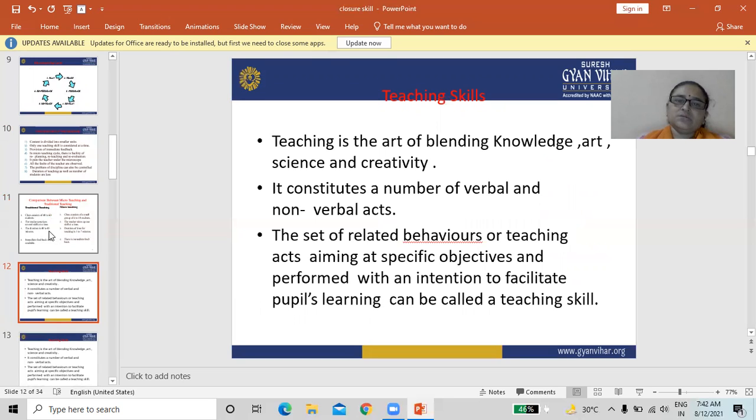Teaching skills. What are teaching skills? Teaching is the art of blending knowledge, art, science, and creativity. It constitutes a number of verbal and non-verbal acts.